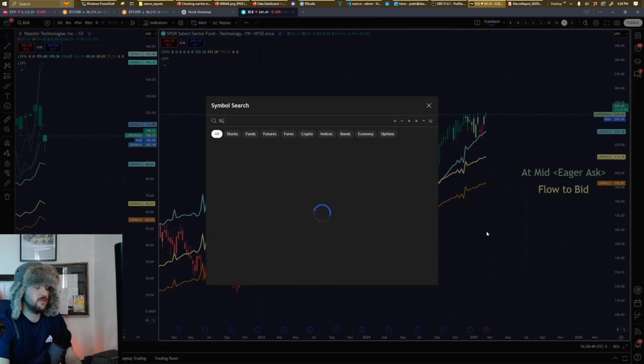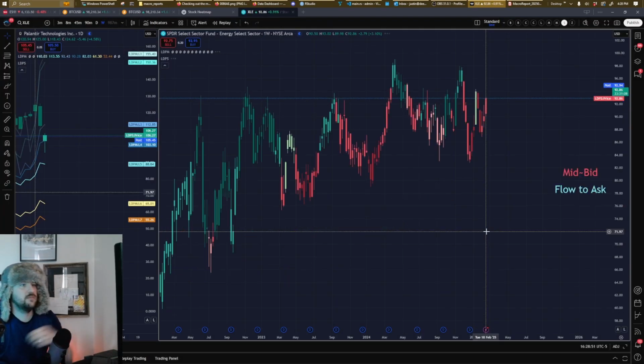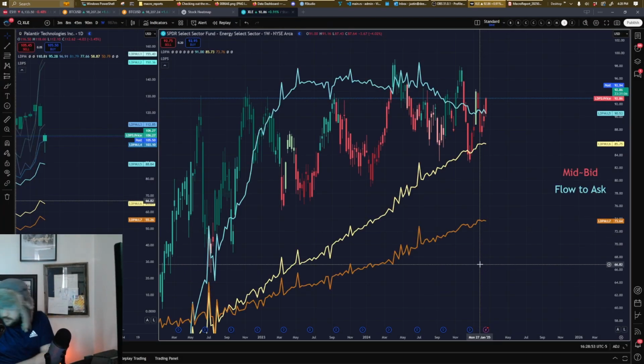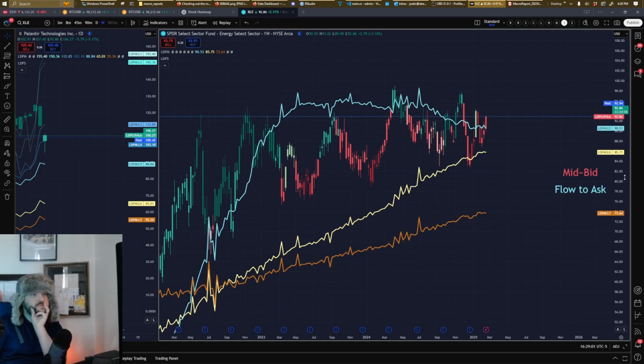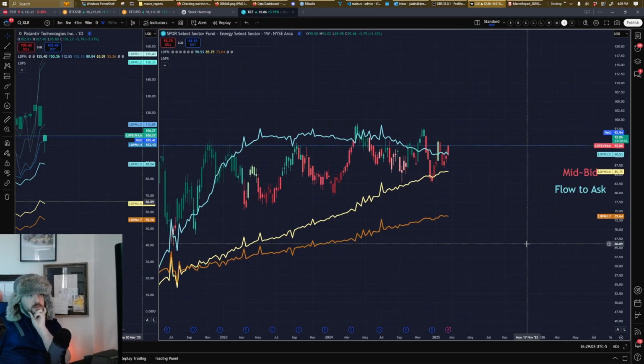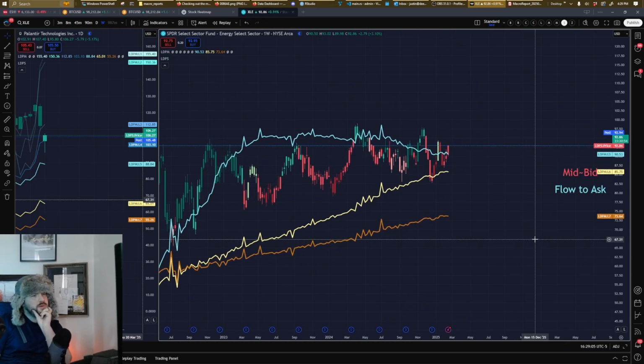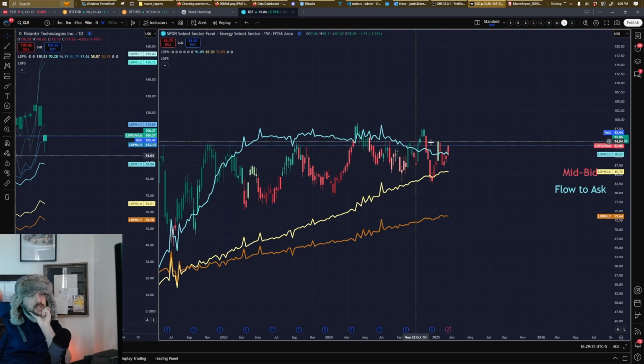XLE. Oops. Oh no. What do we have here? You don't usually see a bullish LDPM stack with a price above LDPM that's bearish.